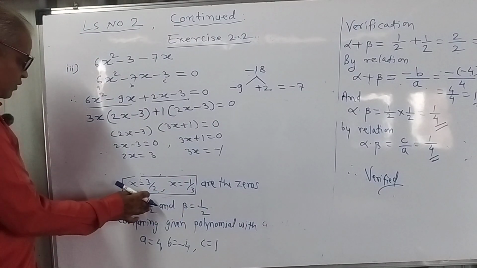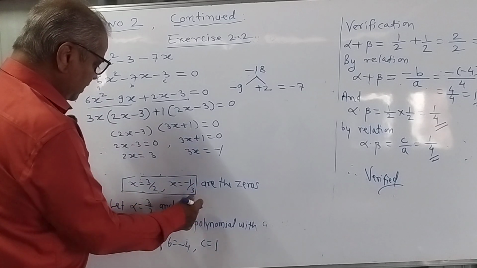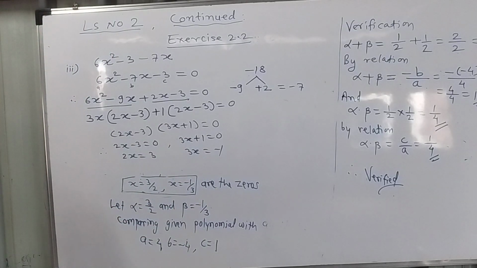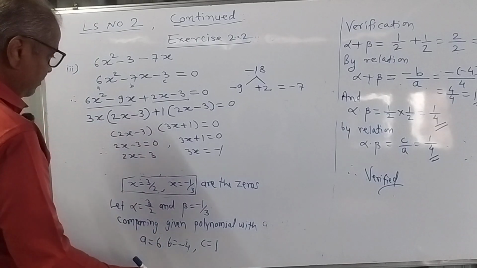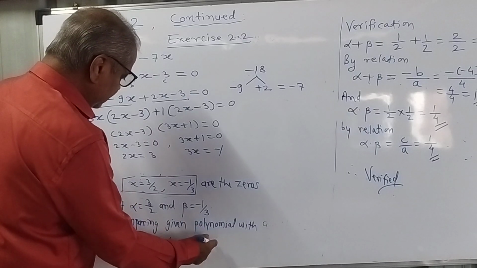Let alpha is equal to 3 upon 2, beta is equal to minus 1 upon 3. Comparing given polynomial with standard form, a is equal to 6, b is equal to minus 7, and c is equal to minus 3.